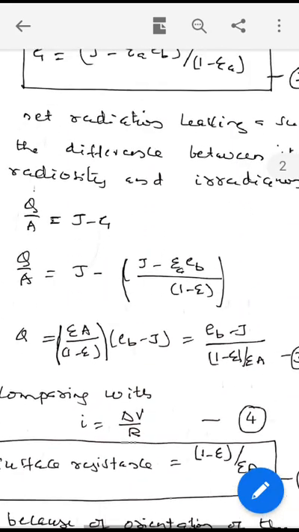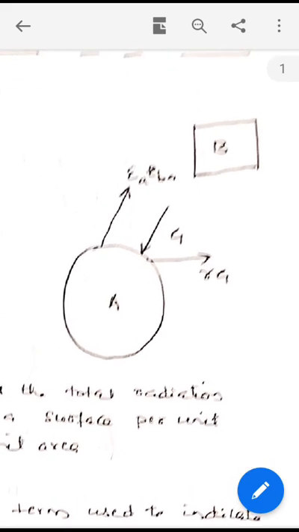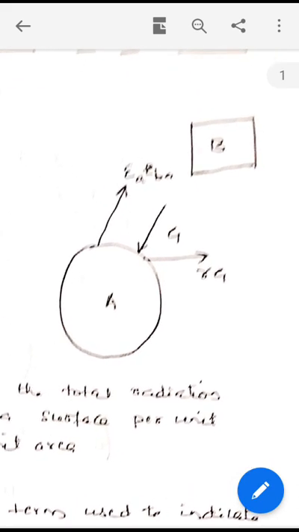Now see the figure. The amount of radiation leaving the surface A is J1. All the radiation leaving the surface J1 will not be intercepted by B or received by B. This is because of the relative orientation of these two surfaces A and B, and also the relative geometry variation between these two bodies.